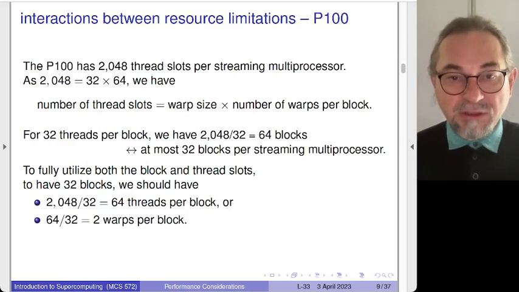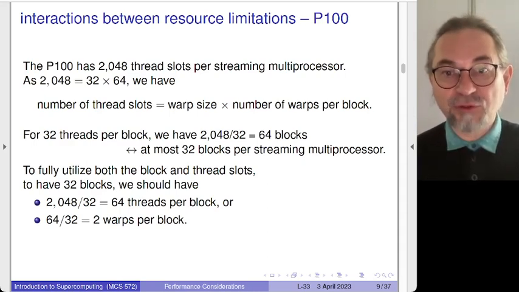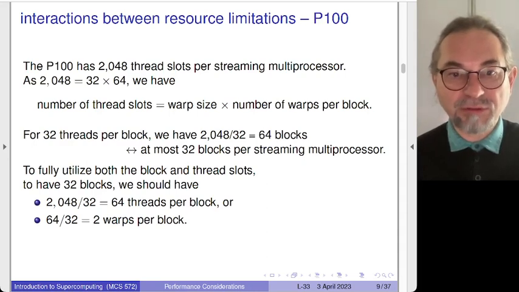On the Pascal, which has also 2400 thread slots, we can now have 32 blocks per streaming multiprocessor. So now we can have 64 threads per block or 2 warps per block.